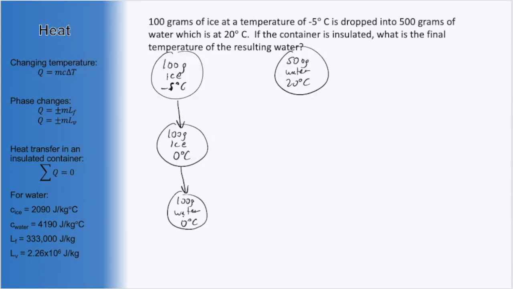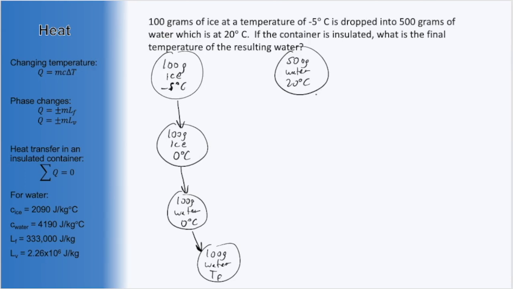But now that it's water, it can safely heat up to whatever its final temperature is. So one more heating. I'm just considering the 100 grams that I started with on this side. It is still water, but now at some T final, which I don't know. So that's everything that I have to do on the ice side of things. What about the starting point of 500 grams of water on the right?